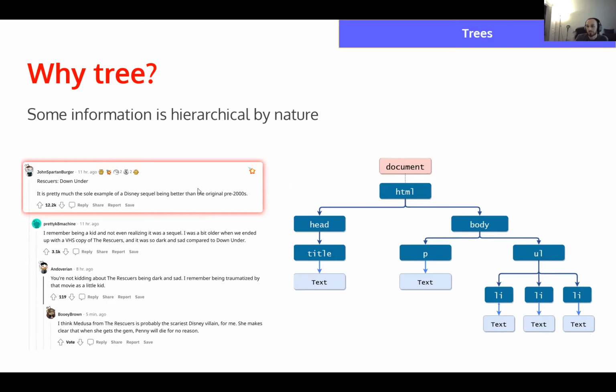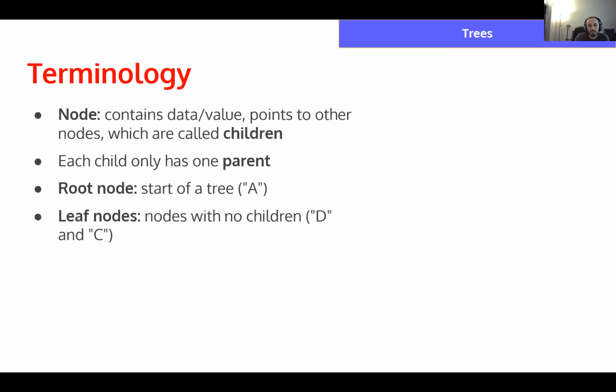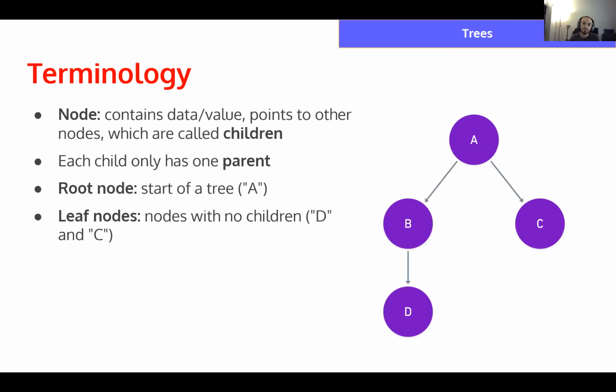Reddit or forums are often graph or tree-like. You'll have a kind of root comment, and then people can reply to that, and people can reply to replies, and all the replies can have like multiple replies under them. So yeah, a lot of information is kind of hierarchical just naturally.